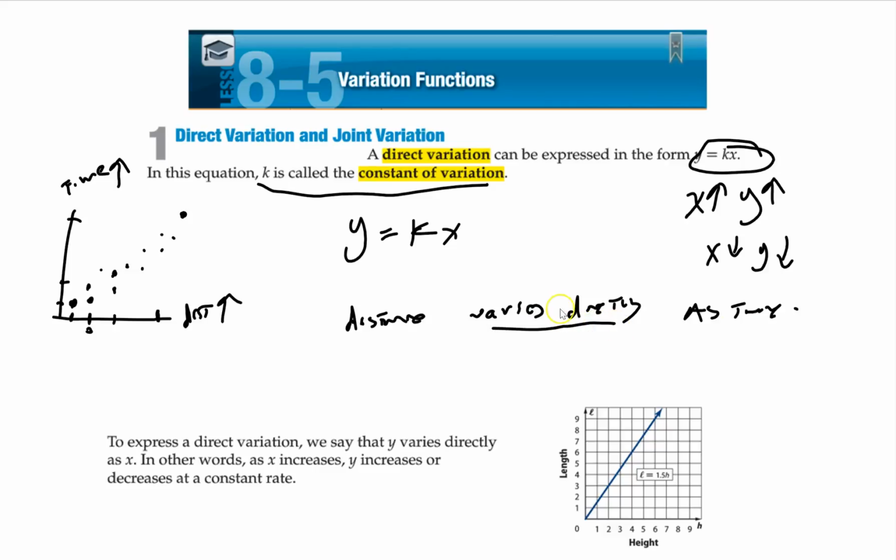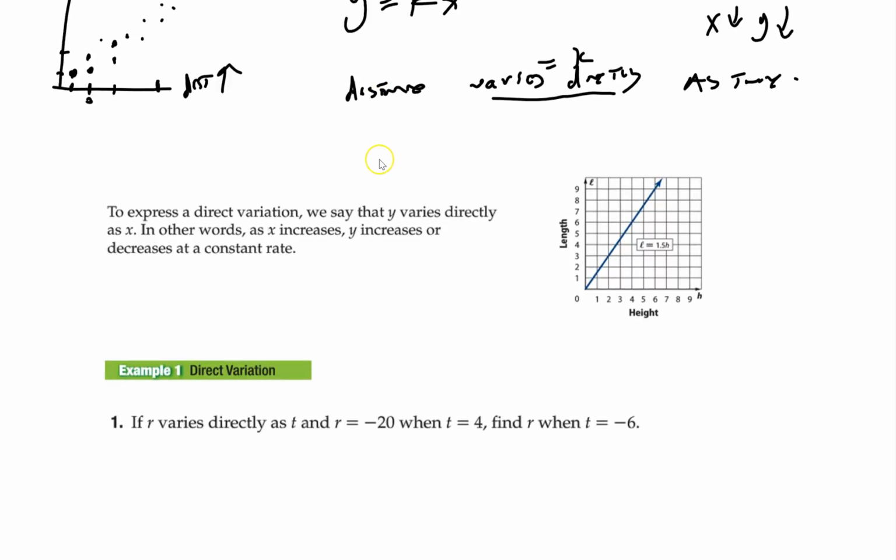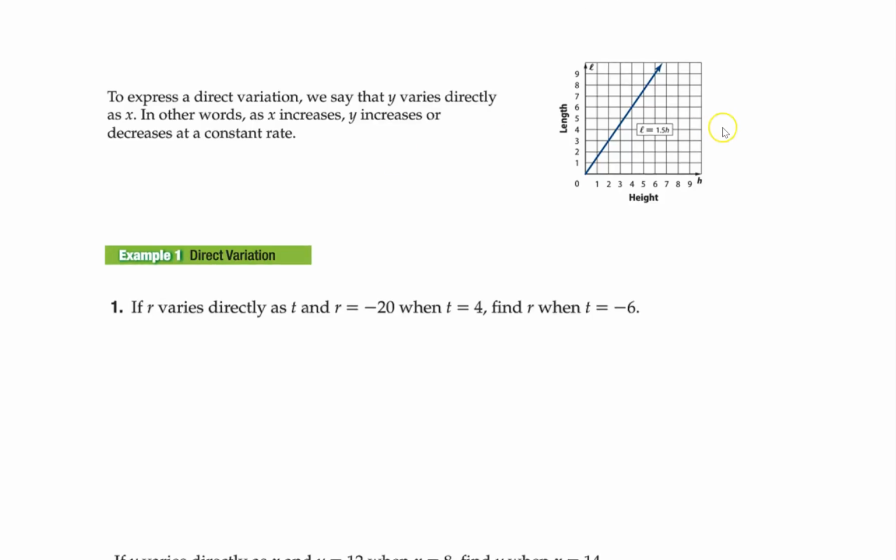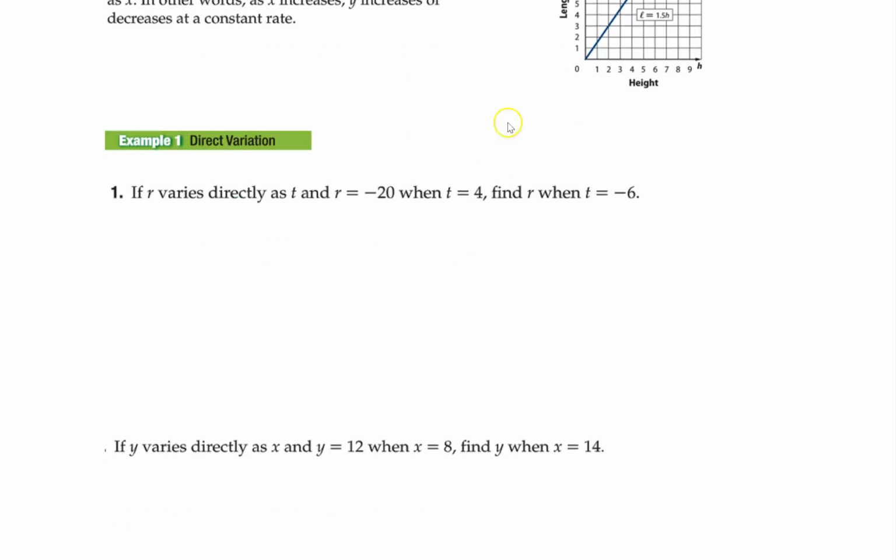This will be our y equals kx. Distance, y, varies directly as time it takes to get to school, something to that effect. So that's direct variation. As one goes up, the other goes up. I think this is like your height with the length of your arms or something like that. Anyway, this is how we solve this.